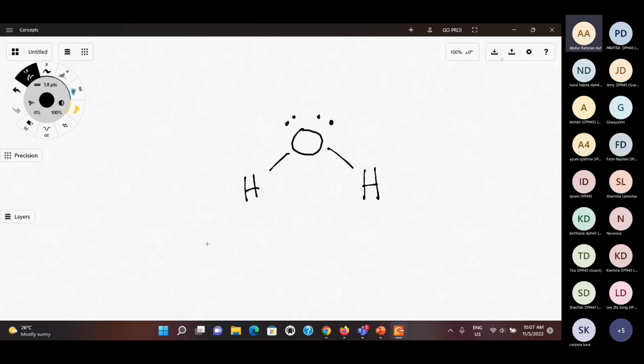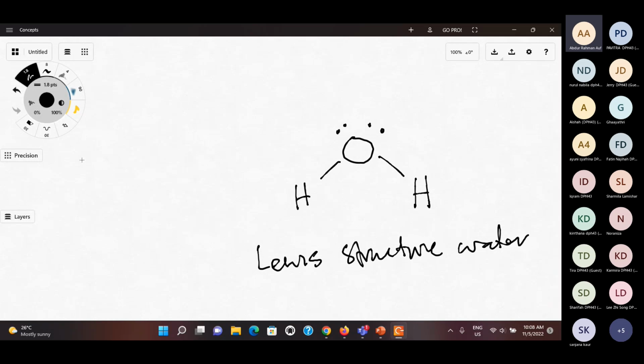This is the Lewis structure of water. This is how we draw. This, in reality, is the rupa dia. Kenapa dia bukan macam ni? Kenapa dia tak straight? Kenapa dia tak linear? Why is it not like this?